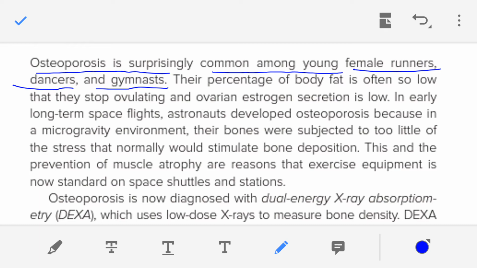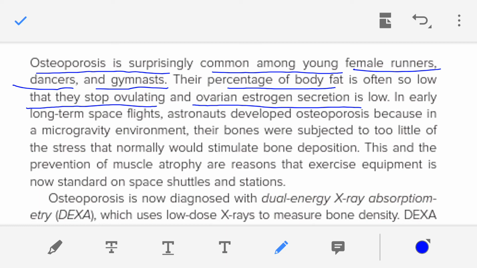The reason is that these females have athletic bodies, so their body fat is very low. As body fat is low, very soon they stop ovulating, and as ovulation stops, ovarian estrogen secretion is also very low. So they quickly suffer from osteoporosis in their bones, because osteoclast activity is activated.